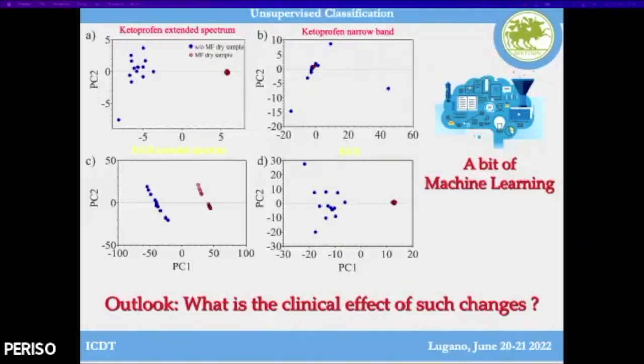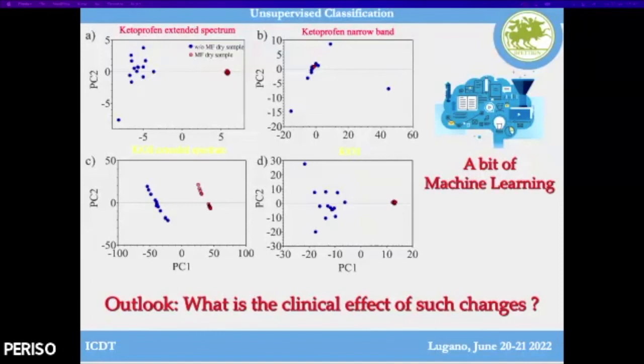So what does it mean? It means that some components of the formulation, benzoate or alcohol, can probably experience structural changes, but the active molecule, ketoprofen, does not change.